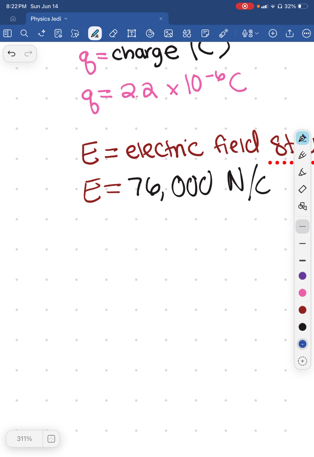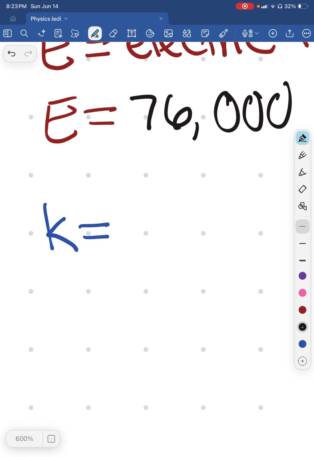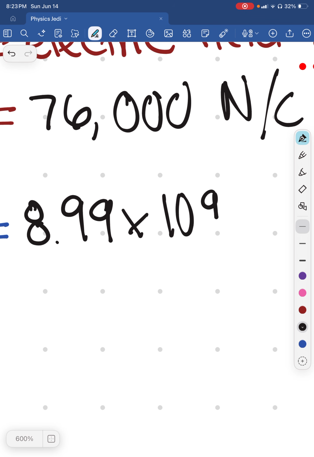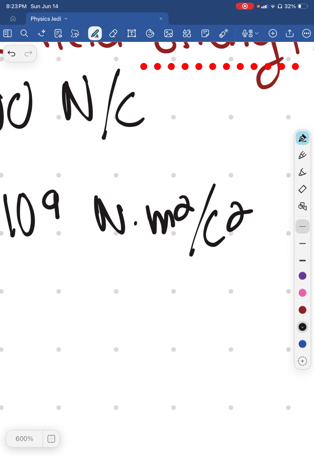We are lastly given our variable K, which is going to be equal to Coulomb's constant. K in this situation is equal to 8.99 times 10 to the 9th N m squared per C squared.